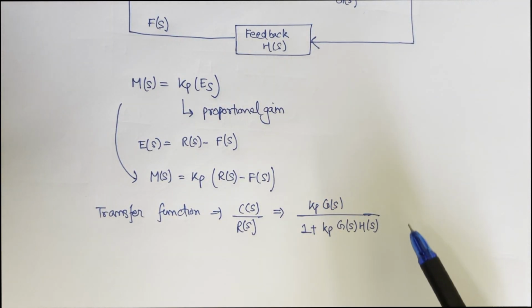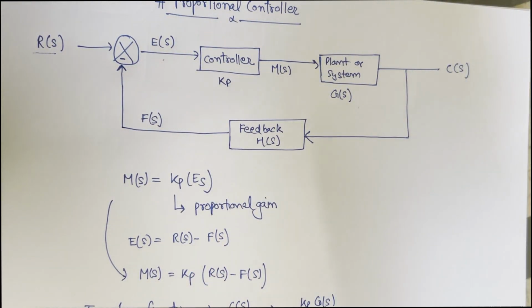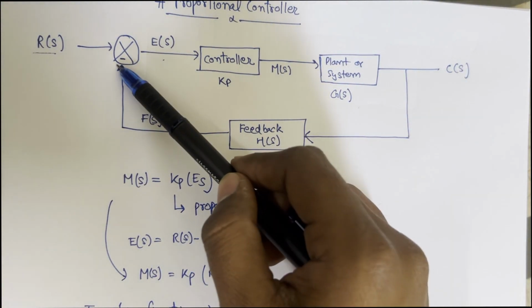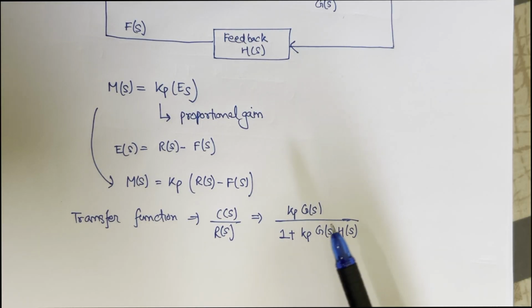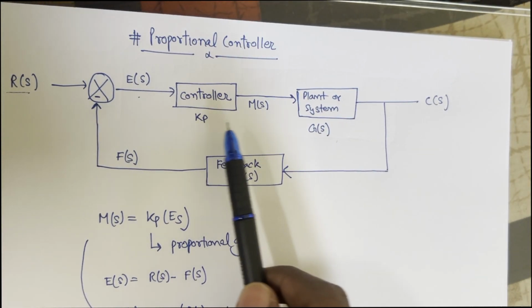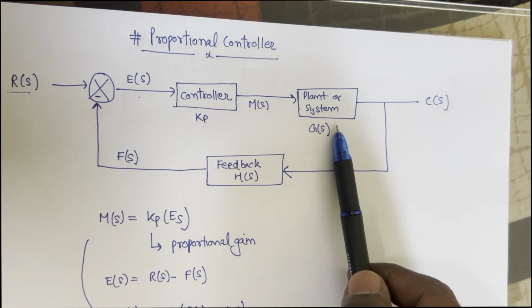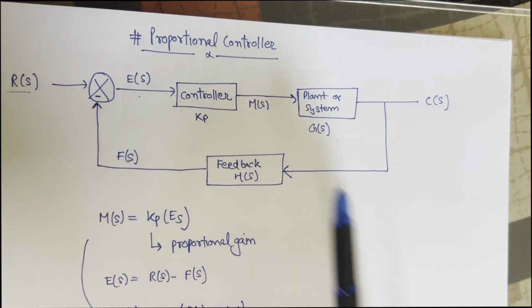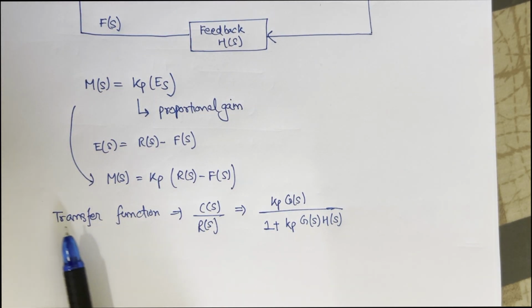This is the transfer function of a control system with unity feedback. Here we have considered a negative feedback, so in this transfer function, we have a positive here. And as Kp is in series with G(s), it will be multiplied and the result will be like this. This is the transfer function of a closed loop system.